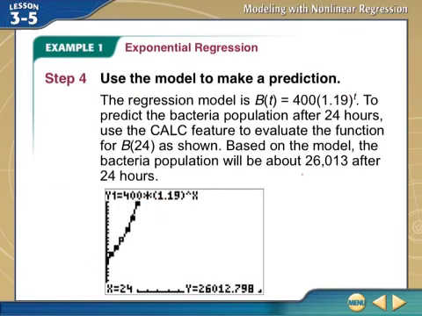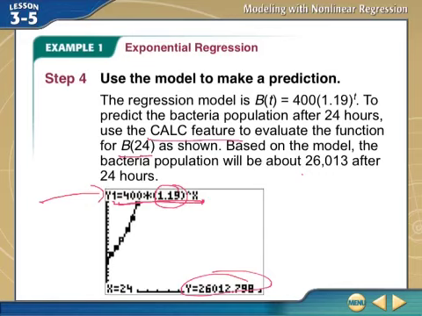Now, if you look at what the calculator did, the authors of the textbook, when they typed in their equation, they rounded their b value to 1.19. And so when they used the calculate feature to calculate the value at x equals 24, notice that because they rounded their equation differently, they got a different number of bacteria than we did.